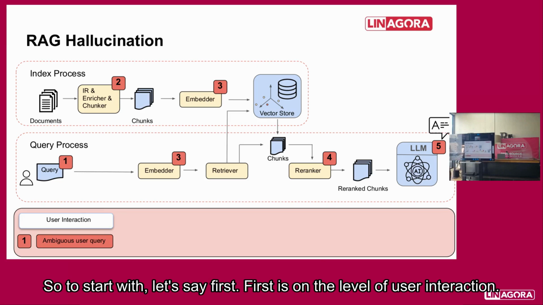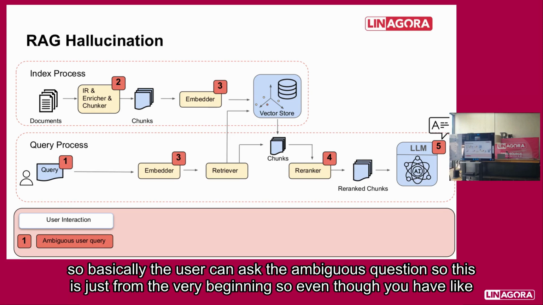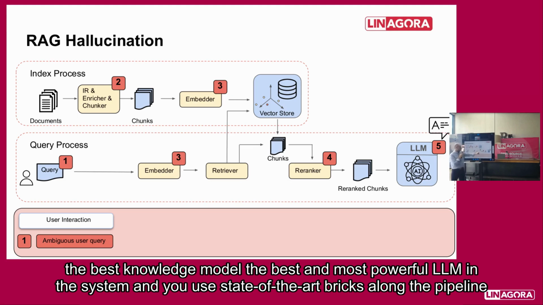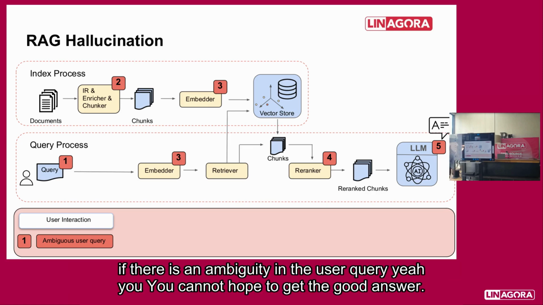So to start with, first is the level of user interaction. Basically, the user can ask an ambiguous question. So this is right from the very beginning. Even though you have the best knowledge model, the best and most powerful LLM in the system, and you use state-of-the-art bricks along the pipeline, if there is ambiguity in the user query, you cannot hope to get a good answer.